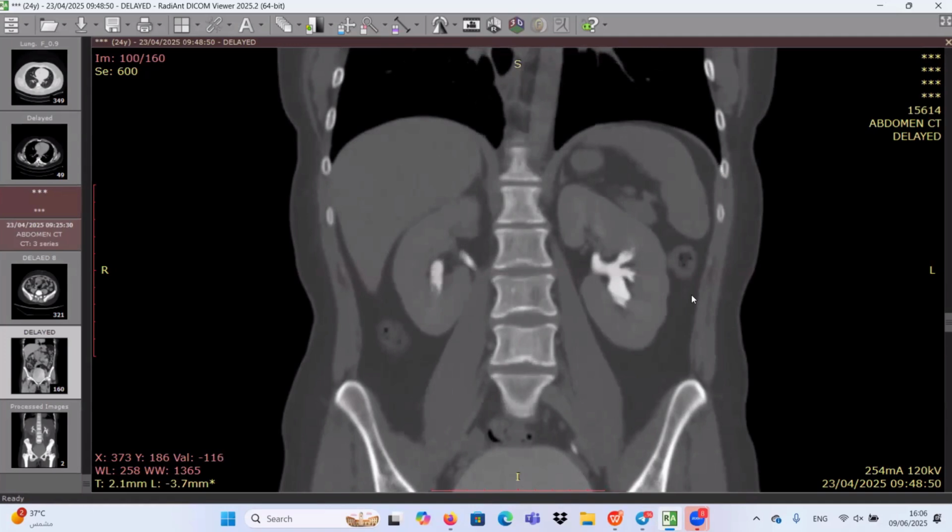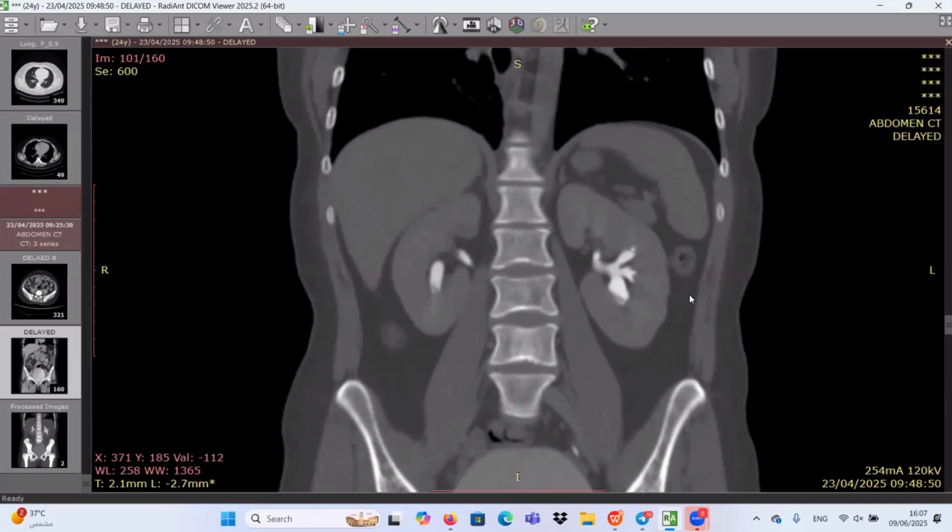What are the most logical differential diagnoses? I think it could be infarction. Yes, it can be vasculitis and renal infarction. Other causes of sickle cell anemia with hematuria?